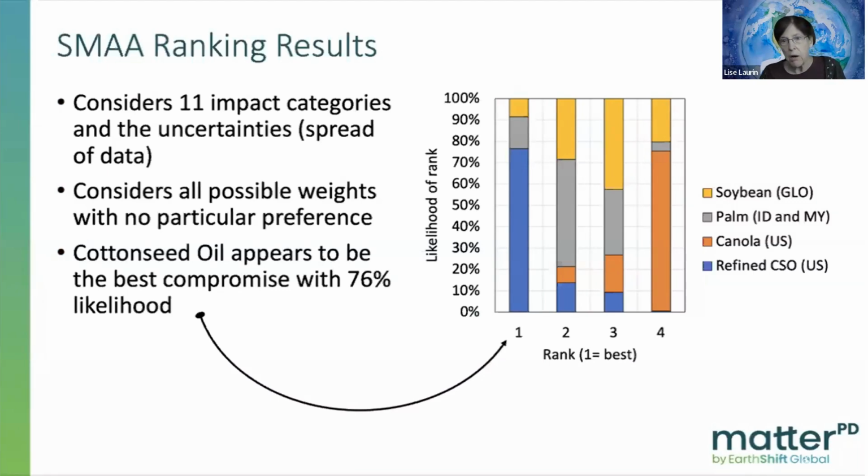So here we go, and again, a different one. Here we're looking at 11 impact categories and their uncertainties, all the possible weights with no particular preference. And here the cottonseed oil appears to be the best compromise with a 76% likelihood.